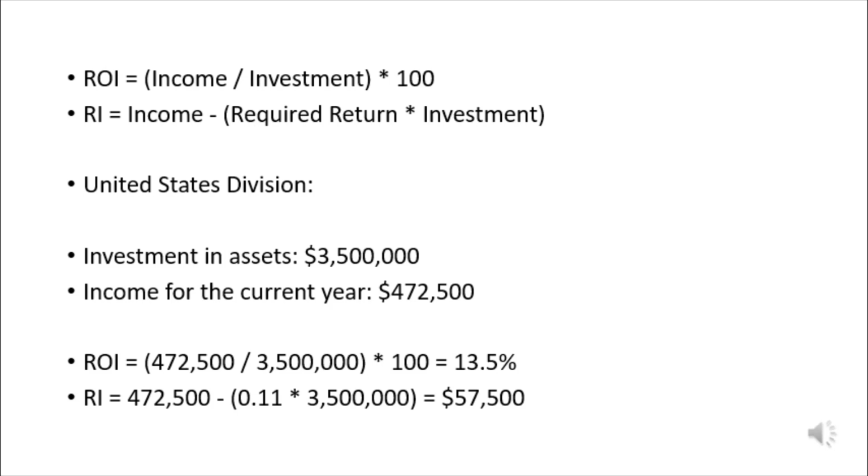According to this information, let's calculate the return on investment and residual income for each division. Firstly, for the United States division, we use the formula and we find the return on investment of 13.5%. After that, we use the other formula and we find the residual income of 57,500.